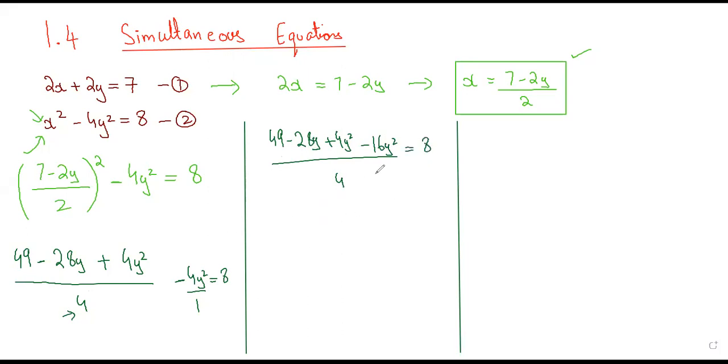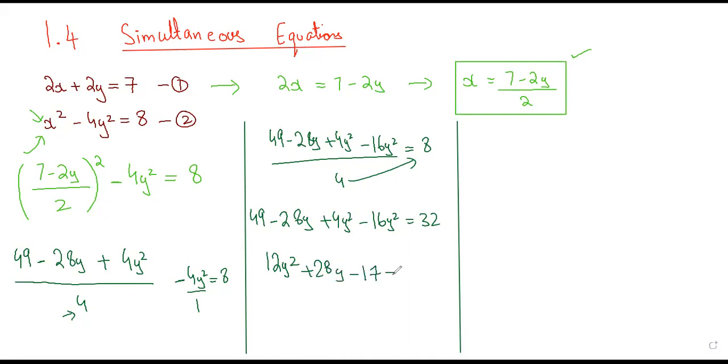And I am going to take this 4 to the other side, and then it would become 49 minus 28y plus 4y squared minus 16y squared equals 32. And finally, I am going to simplify the entire equation: 12y squared plus 28y minus 17 equals 0. This would be our quadratic equation.